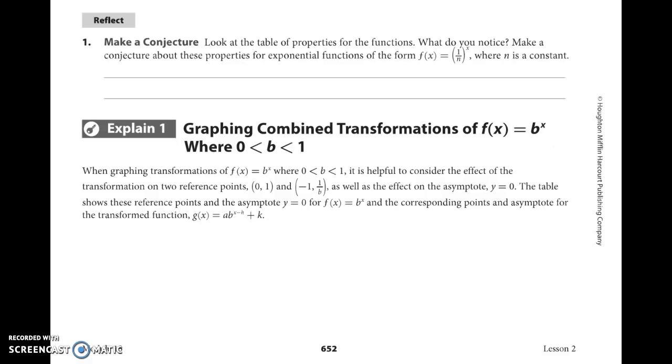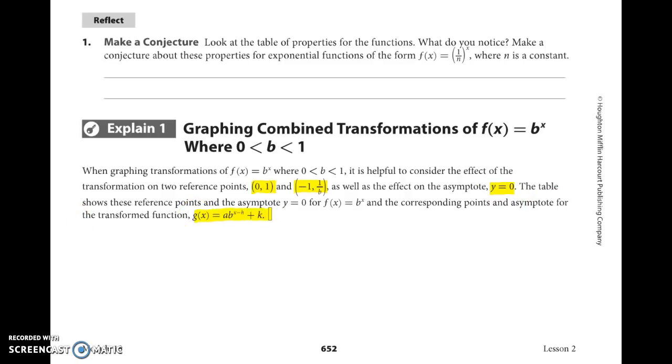It says when graphing transformations of f of x equals b to the x, where b is between 0 and 1, meaning that it's a fraction less than 1, it is helpful to consider the effect of the transformation on the two reference points, as well as the effect on the asymptote y equals 0. So the table shows the reference points and the asymptote for f of x equals b to the x, and the corresponding points for the asymptote transformed by this here.